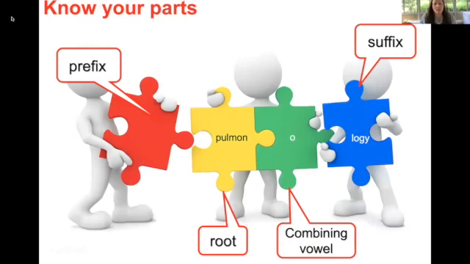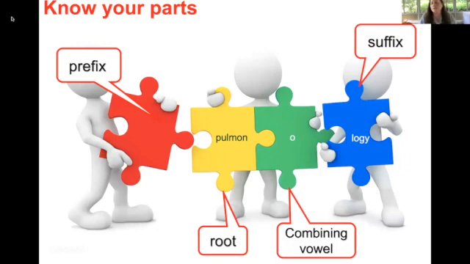So here, I like to just point out, you can totally use this. Notice pulmonology does not have a prefix. So you just have the root word, the combining vowel, and then the suffix. Not terribly difficult way to remember to do it.